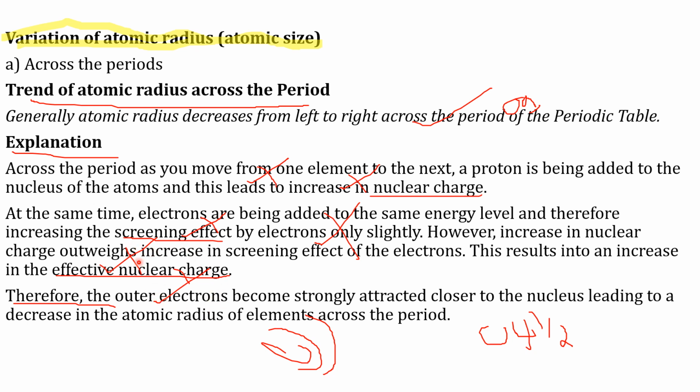But if it decreases, outermost electrons are going to be less strongly attracted. If they are more strongly attracted, we shall experience a decrease in atomic radius. But if they are less strongly attracted, we shall experience an increase in atomic radius. That's why we are saying, therefore, the outermost electrons become strongly attracted to the nucleus, leading to a decrease in atomic radius of elements across the period.